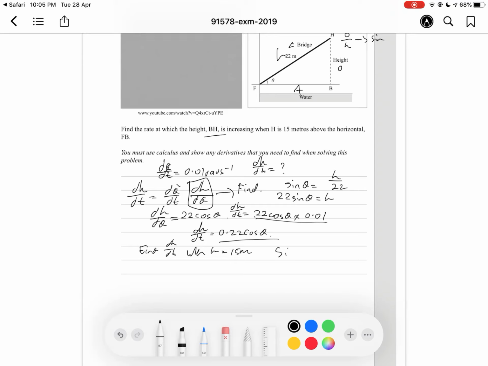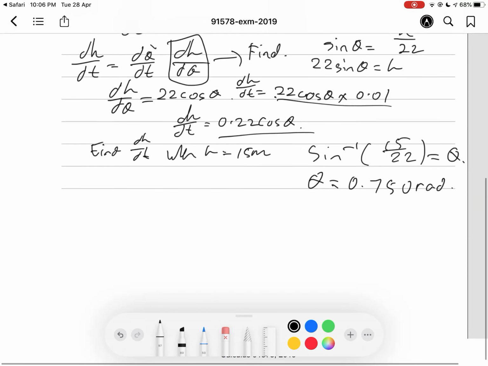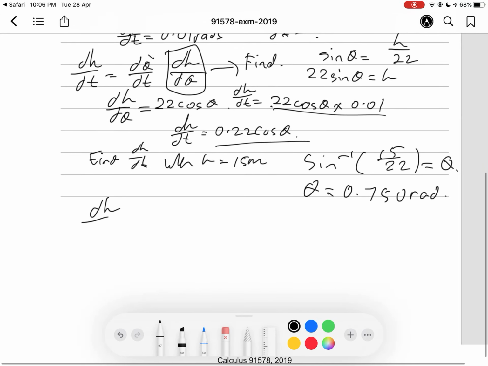In this case, we can say that sine inverse of 15 over 22 is equal to our theta. Remember to be on radians right now. So that should give us theta equals 0.570 radians. And we can plug this into our dH over dt.